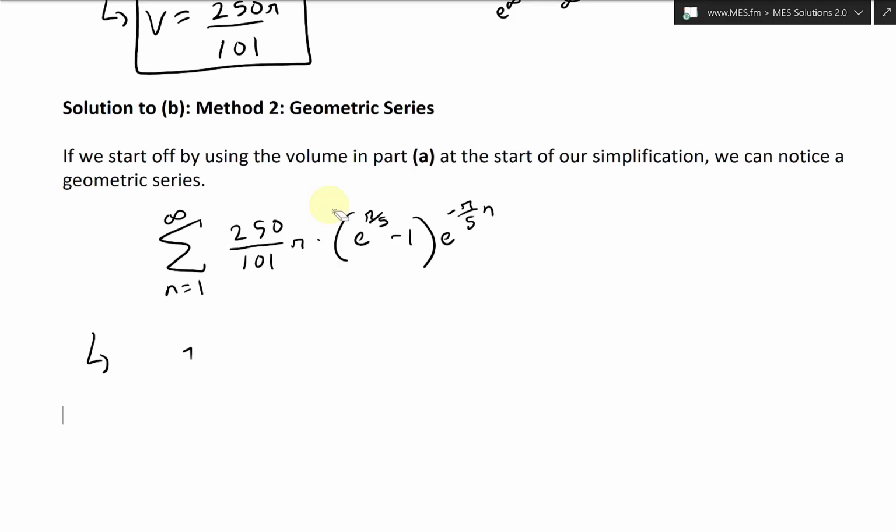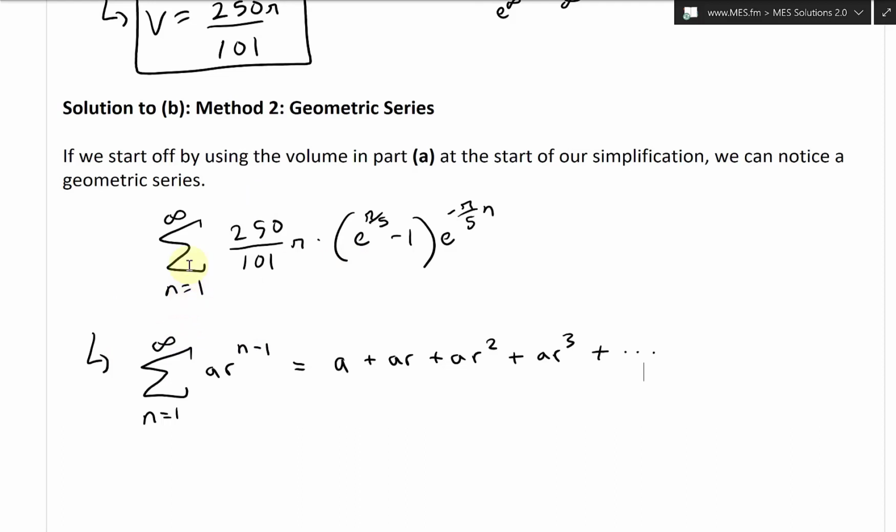If we recall the geometric series, the sum from n equals 1 to infinity of a r to the n minus 1, when you plug in 1, you get a, since r to the 1 minus 1 is 0, then plus ar plus ar squared plus ar cubed plus dot dot dot. So that's key. We're starting from n equals 1 on the top one as well.